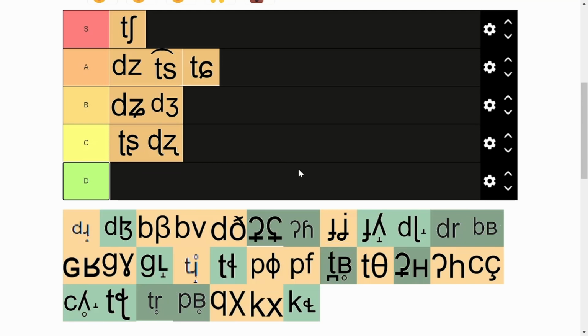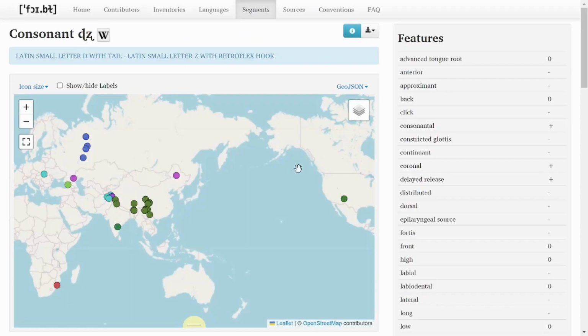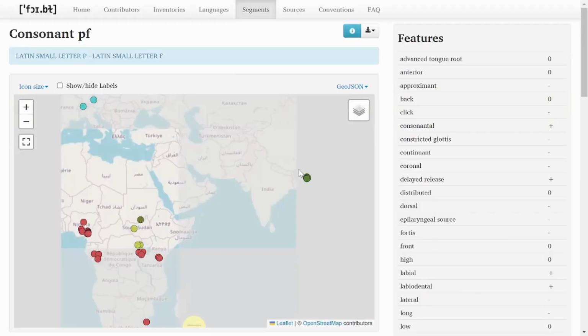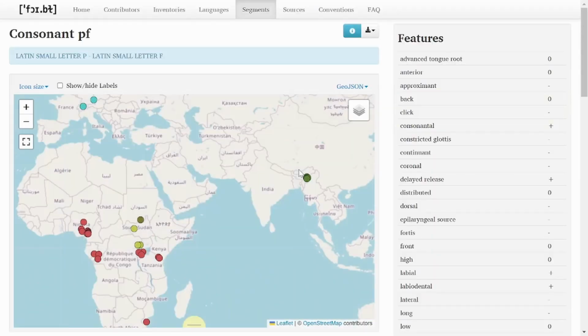Perfect. Now I'm not sure what I put after this. It might be pf. Okay, so this is the bilabial dental affricate. As you can see, most people associate this sound with German, right?